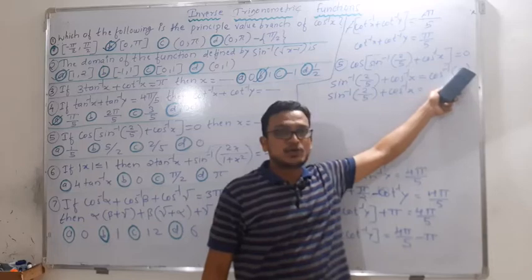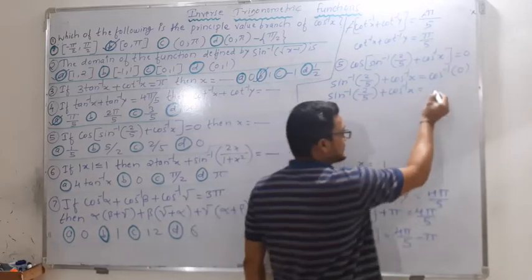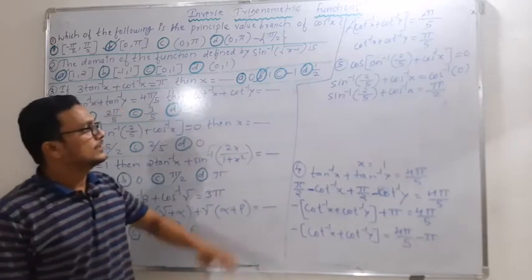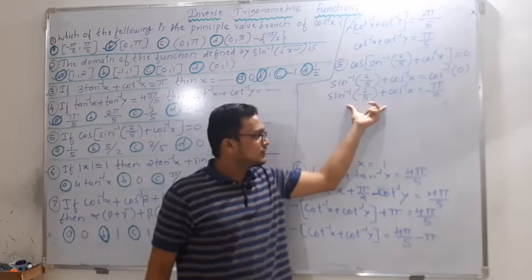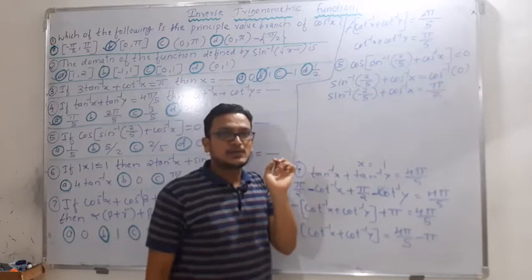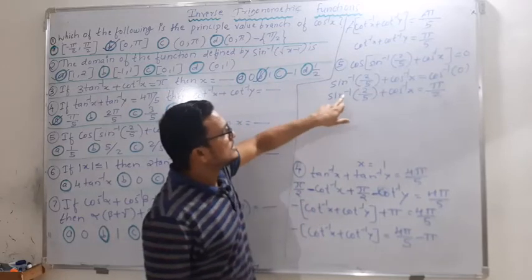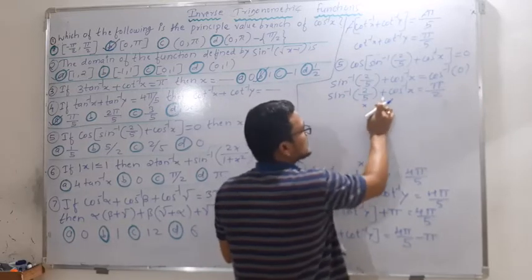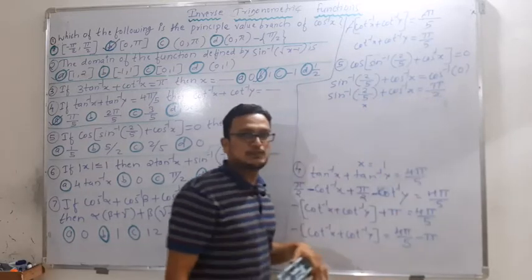When we get 0 value in the cos table, that is pi by 2. Okay. Now if you observe this condition, it is one of the inverse trigonometric identities, right? Suppose this is your x, so sin inverse x plus cos inverse x is equal to pi by 2.